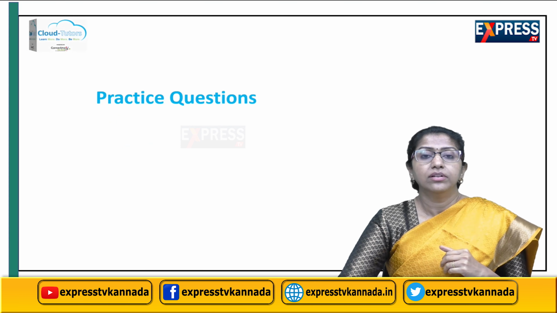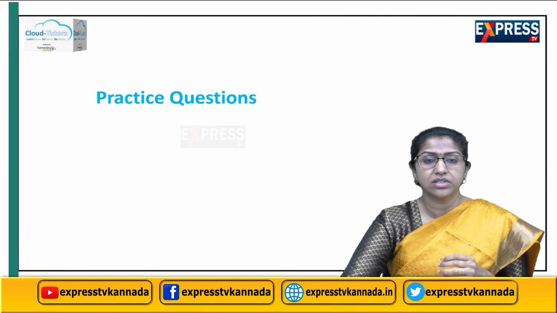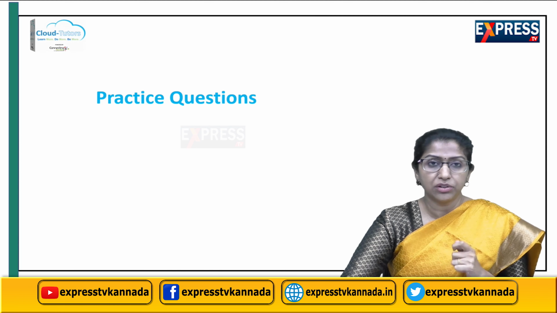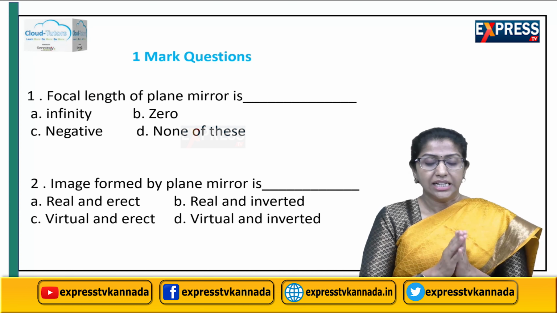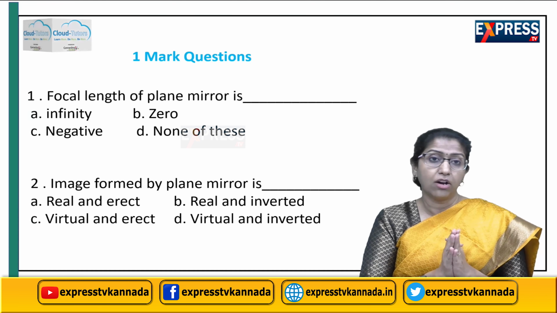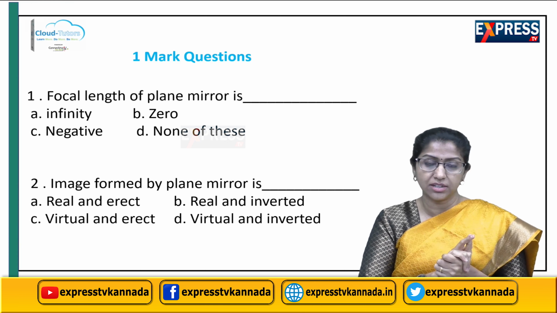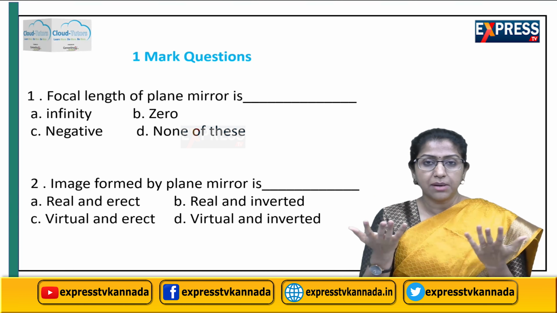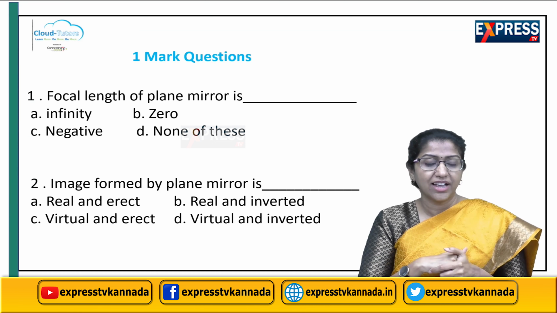Now, with all of this understanding, let's try and solve few practice questions and one or two numerical problems. Okay, so first one is: focal length of plane mirror is what? Options are infinity, 0, negative, none of these. First thing that comes into our mind is, how can plane mirror have a focal length, right?